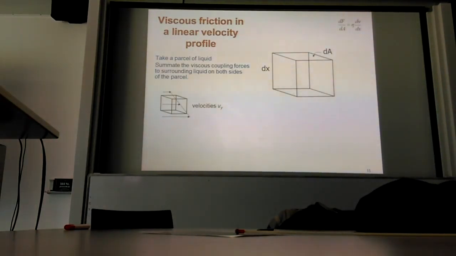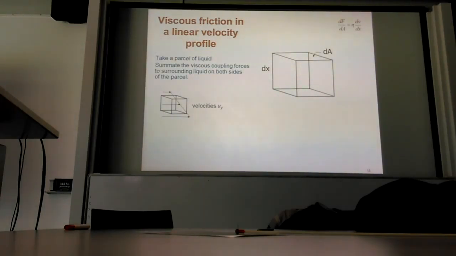If the top parcel moves slower than our parcel and the bottom one just with the same amount faster, will I have a resulting force? Anybody? So, what do you think? What determines the force by friction?